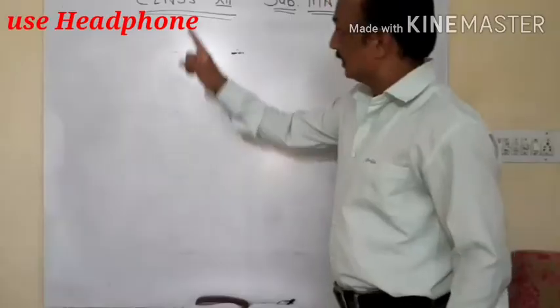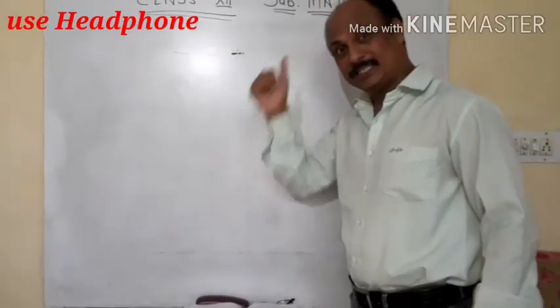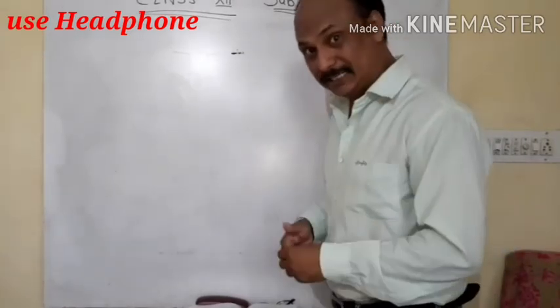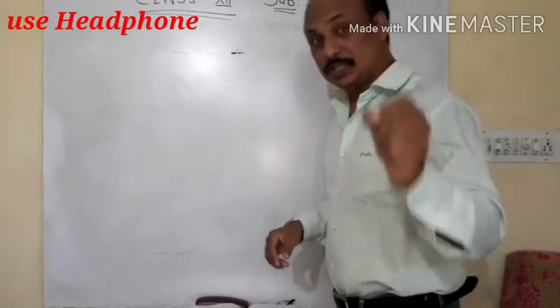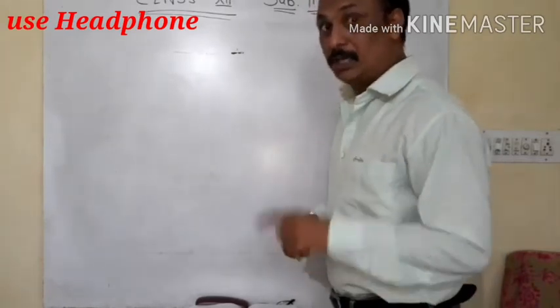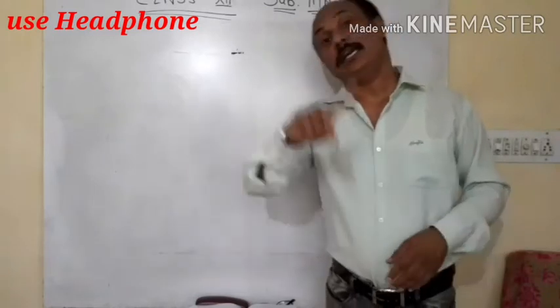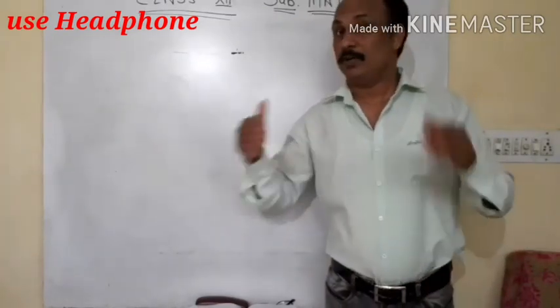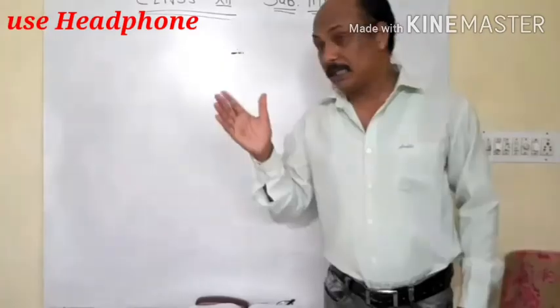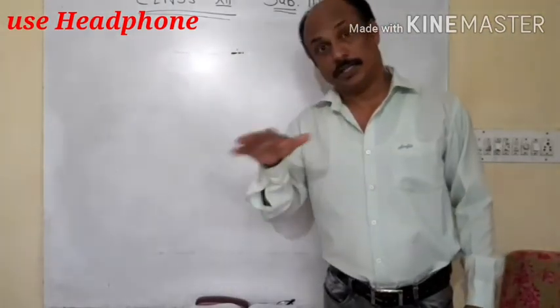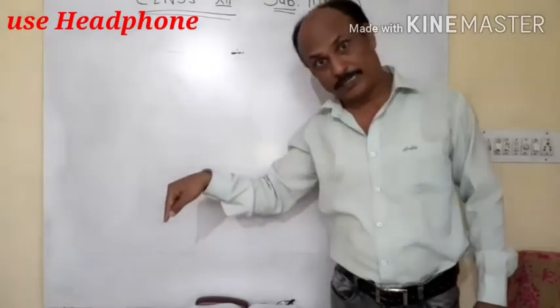Let us start our class 12 subject Maths, topic continuity. Today we are going to discuss some questions based on continuity. In the previous class we discussed whether a given function is continuous or not at a given point.